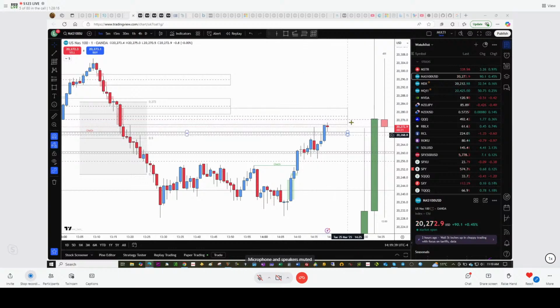So we could be looking for a 1, 2, 3 top here to come back down. So we can wait for the breach of the low, get a 1, 2, 3 like that, or come in on a fractal.